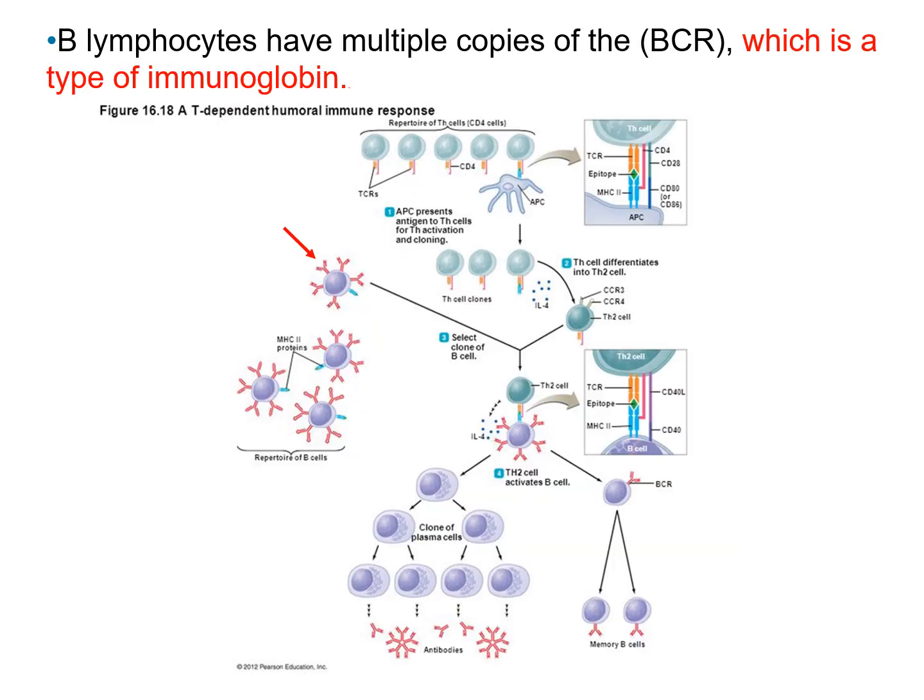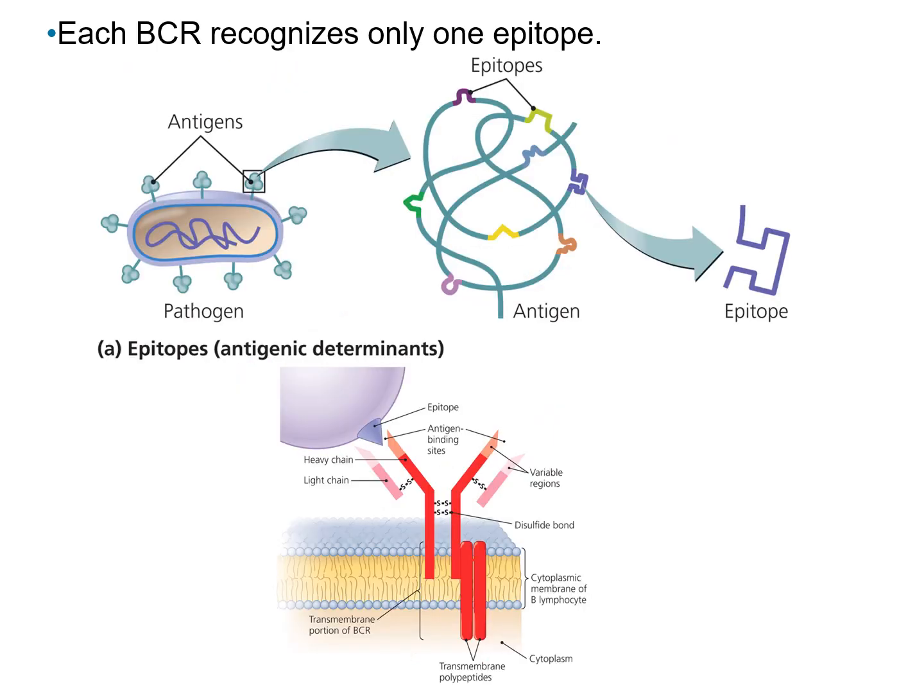B lymphocytes have multiple copies of this B cell receptor. Each B cell receptor only recognizes one epitope.